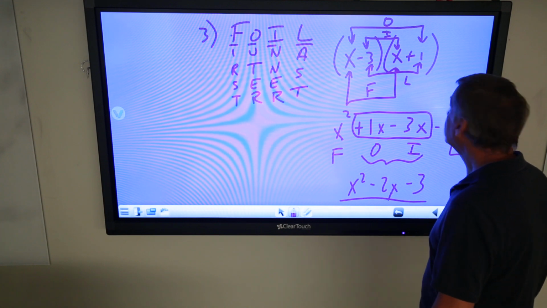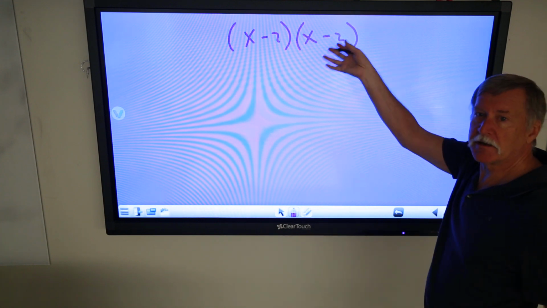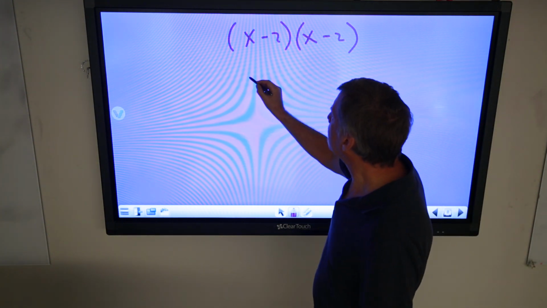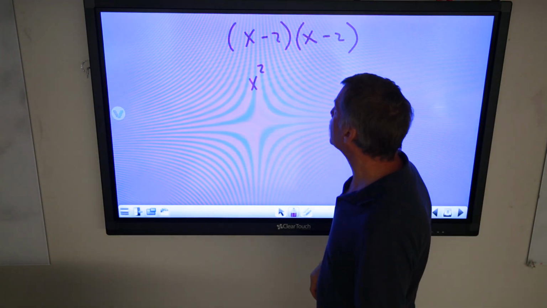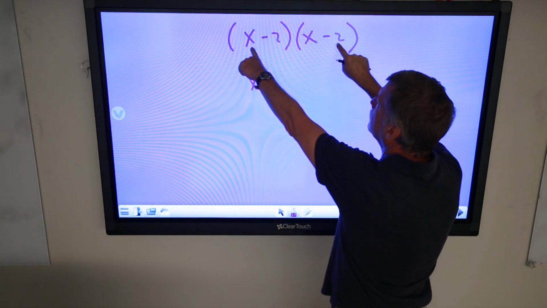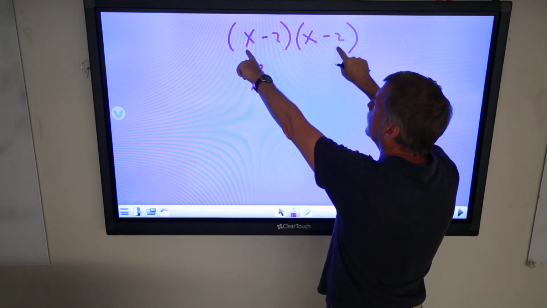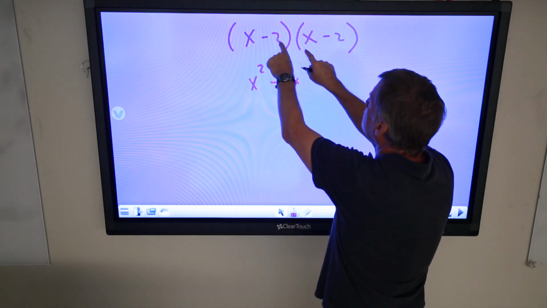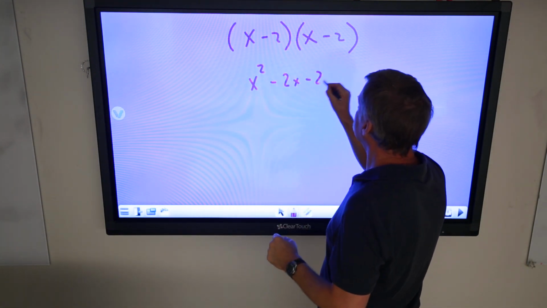All right? Let's try it again. Let's look at foiling this. We look at first times first. X times x, x squared. Outer, x times minus 2. I can write it down. Minus 2x. Inner, minus 2 times x, minus 2x.